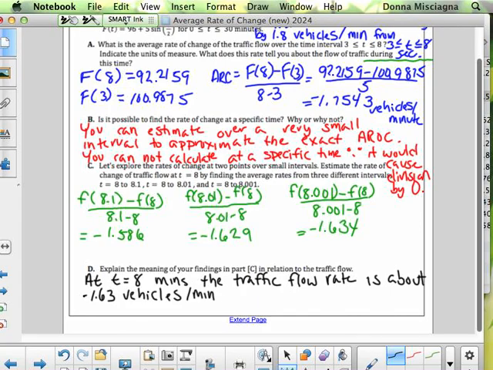So here I'm just stating what it is. And that negative 1.634, remember, that's an approximation, right?